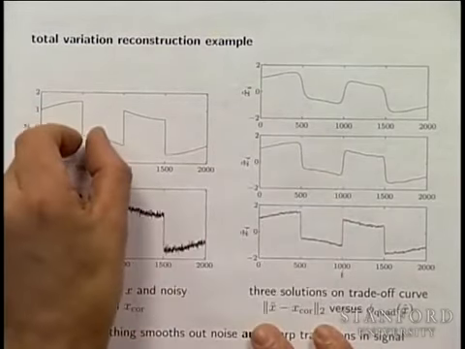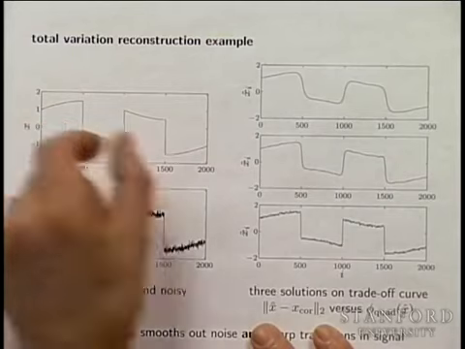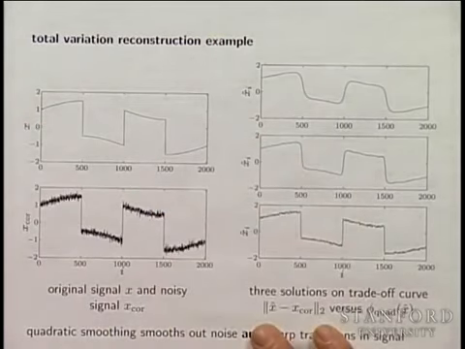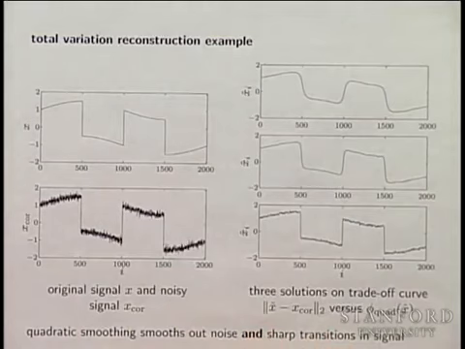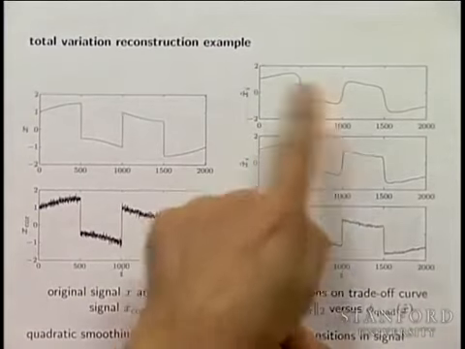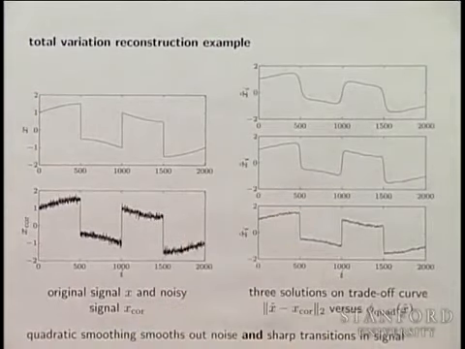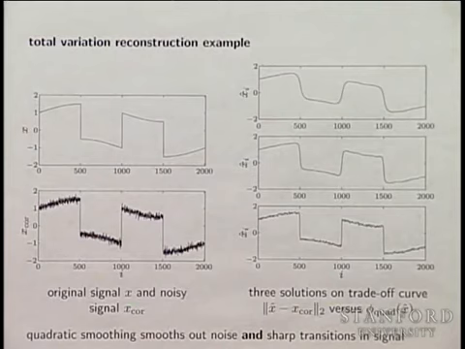Something that was basically a one-sample transition is going to turn into something that is, I don't know the scale here, 50 samples. Why? Because of that square. If x moves rapidly, you're going to get charged a lot for it. You're going to get charged squared for it. By the way, in signal processing, if this was an audio signal and you low-pass filter too much, then things like the attack on a snare drum or kick drum are muddled.